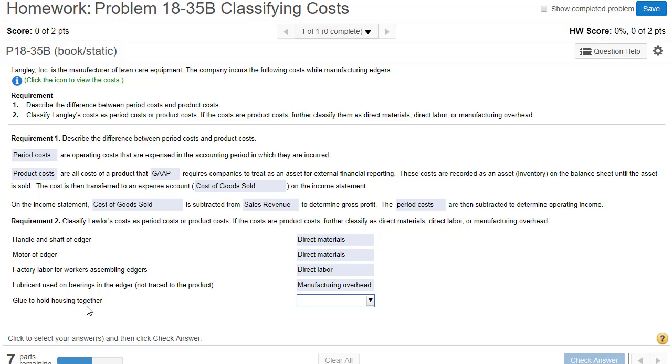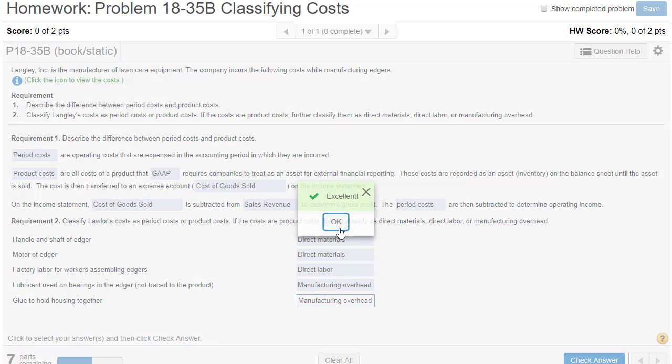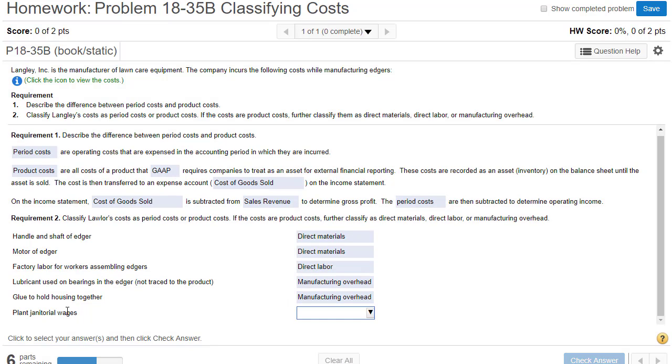Next, we've got glue to hold the housing together. Now, are they going to sit there and measure how many drops of glue they use? No, this is going to be another indirect material, which again is manufacturing overhead. Plant janitorial wages. So this janitor is in the plant, and the plant is where they make the edgers.